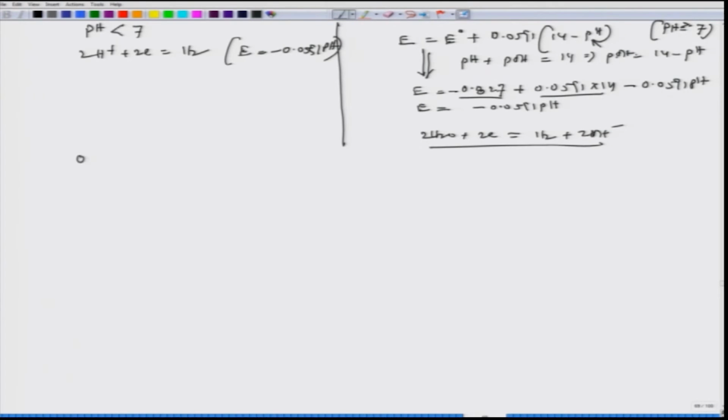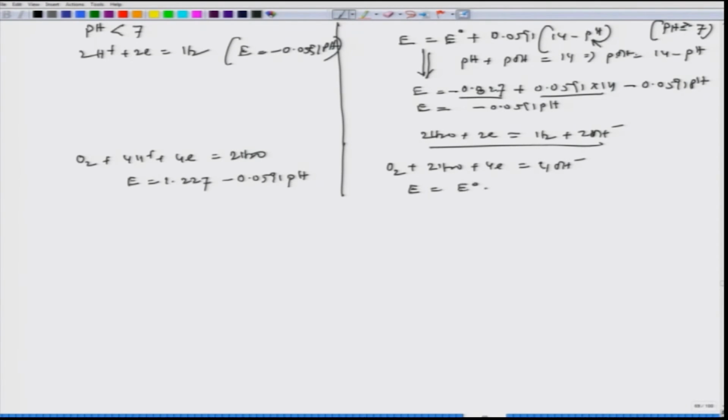Now, we had another reaction which is O2 plus 4H plus plus 4e equal to 2H2O. There the equation is 1.227 minus 0.0591 pH, and on this side also we had another reaction involving oxygen: O2 plus 2H2O plus 4e equal to 4OH minus. In this case, the equation would become E0 plus 0.0591 pOH.